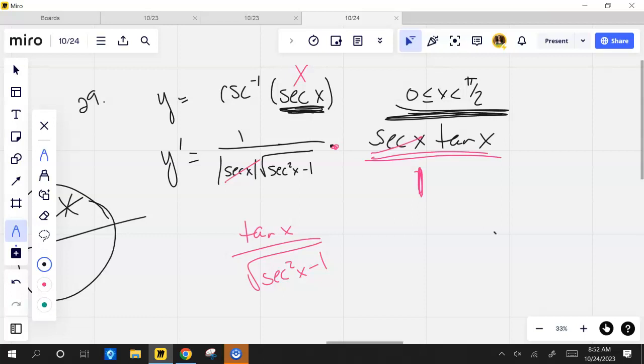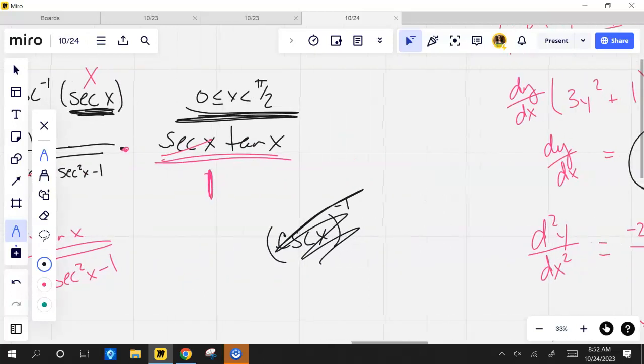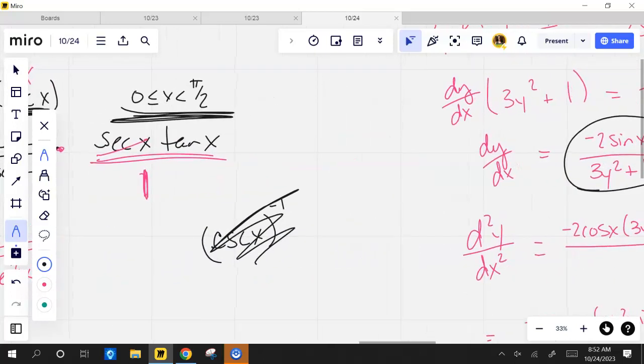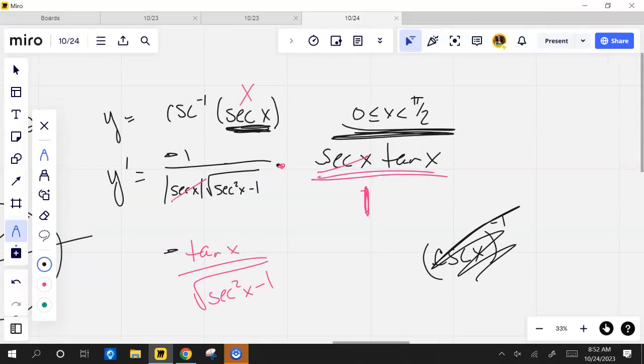Okay, so are you saying like that? Like you did the derivative like that? Oh, this is like that. Oh, I'm sorry. Yeah, it would just make the answer negative.